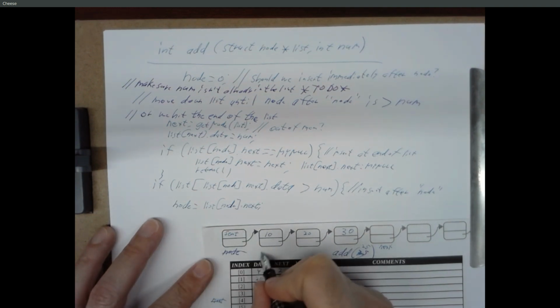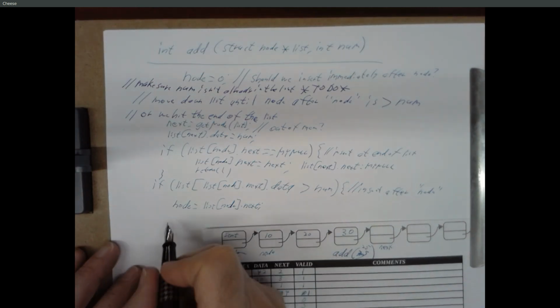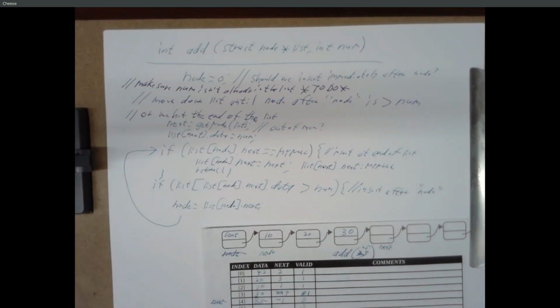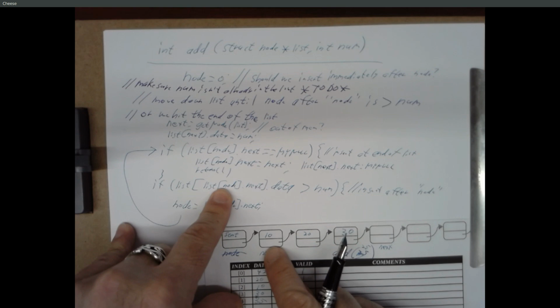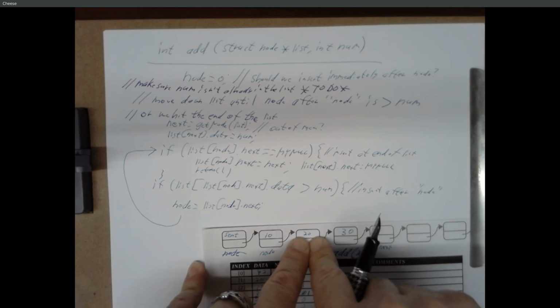So we change node to be right here. And then go back up here, see if you're at the end of the list. If you're not, well, node is this node right here, so list bracket node dot next is this node, and list bracket that node dot data is going to be 20.